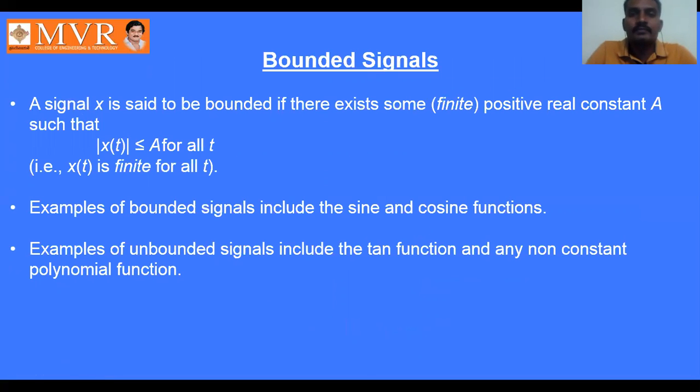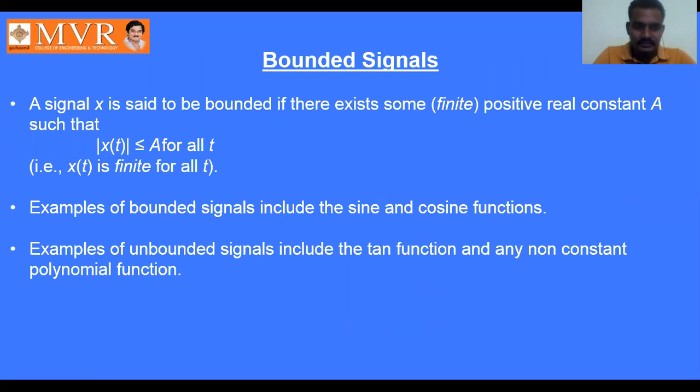Next, coming to bounded signals. What are bounded signals? A signal x is said to be bounded if there exists some finite positive real constant a such that mod x of t is less than or equal to a for all values of t. It has to satisfy the condition that mod x of t is less than or equal to a for all values of t.